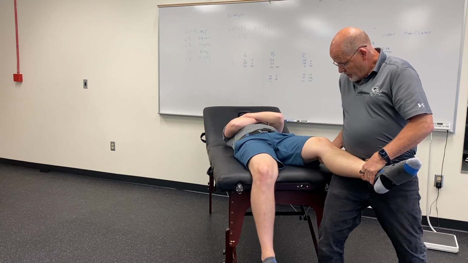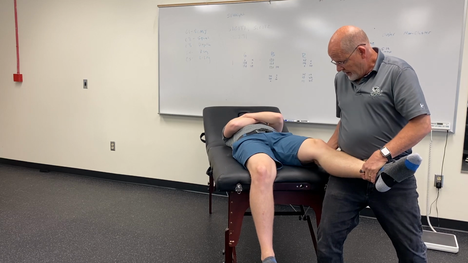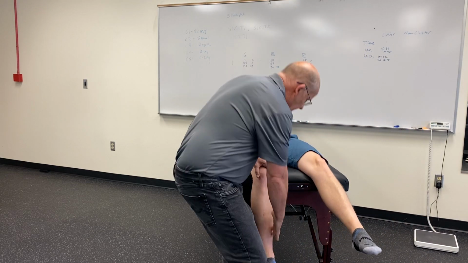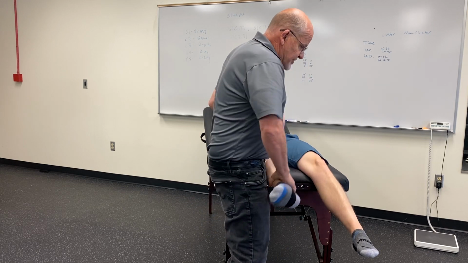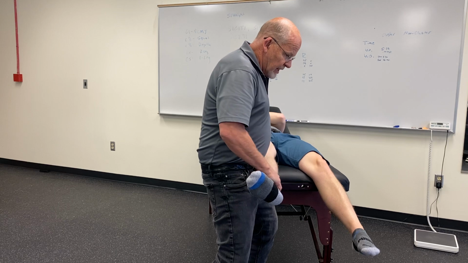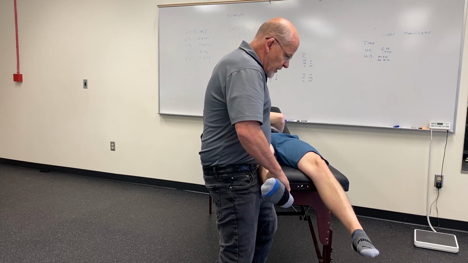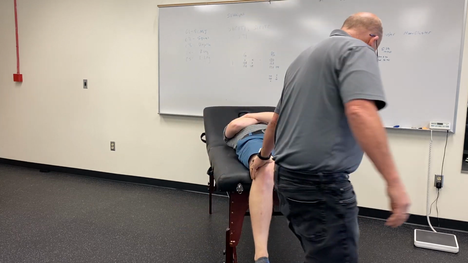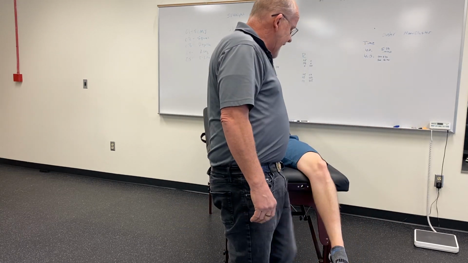And that will perform the test for me. I get a little laxity. I anticipate it'll be bilaterally symmetric. So we have some laxity, but a firm end feel. Again, I'm moving with my body because my arms are not strong enough to manage this big heavy leg. Bilaterally symmetric. Same thing with a lateral collateral.